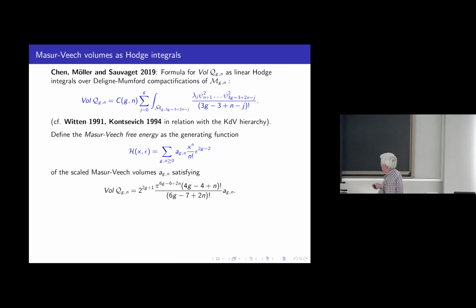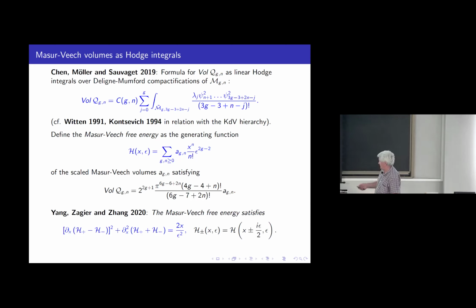And you have two parameters, g, which is the genus, and n, the number of marked points, and you have x to the n and epsilon to this power. It's a notation I'm using from the paper of Dubrovin, Yang, Zagier, and Zhang.